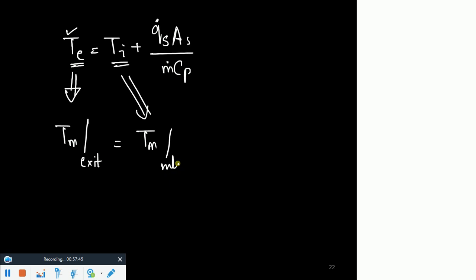You multiply it with As, and by the way, this Te, I have already told you, is T mean at exit. This Ti is T mean at inlet plus Q dot S As over m dot Cp.